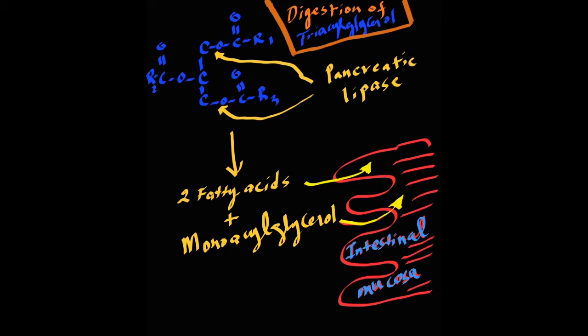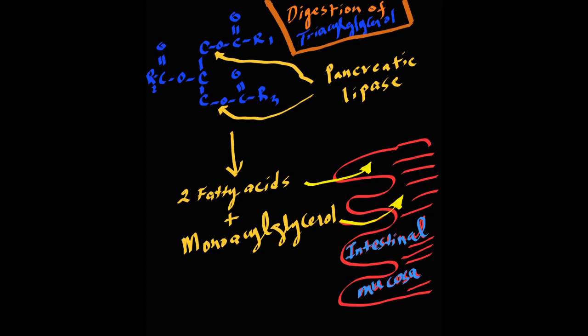Inside the intestinal mucosa, the resynthesized triacylglycerol is then repackaged with phospholipids, some cholesterol ester, and ApoB48 apoprotein into a lipid particle known as chylomicron.